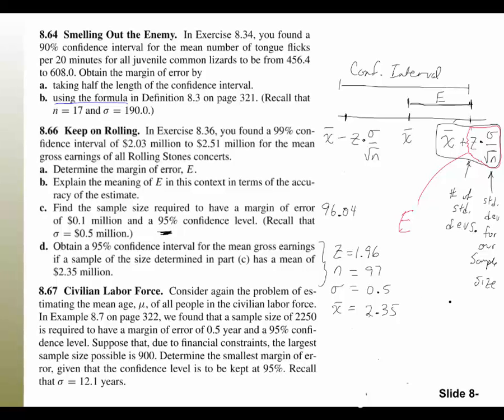What do we estimate the population mean to be? 2.35. This is the mean of our sample. Our best guess at the population mean is 2.35. But now with this other information, we can say, all right, so here's 2.35, and we're trying to be 95% confident that the actual population mean is within this interval.